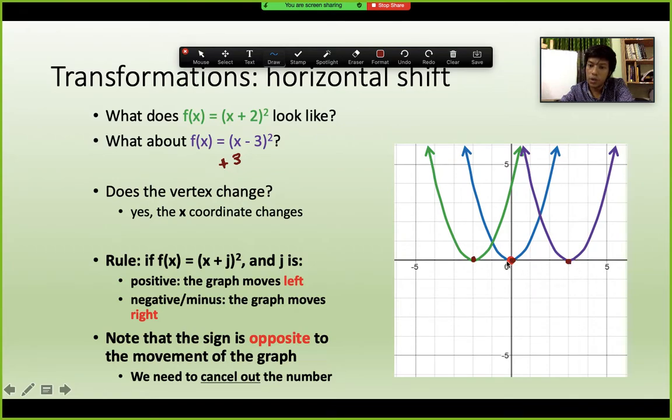Here y value is 0, here also y value is 0. That means f(x) means y. That means we have to check where our y value is 0. Y value needs to be 0 because our vertex is still on the x-axis. At the x-axis, everywhere the y value is 0. That's why. So this is the horizontal shift.